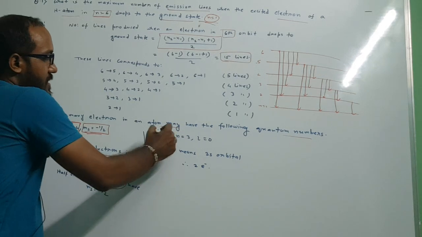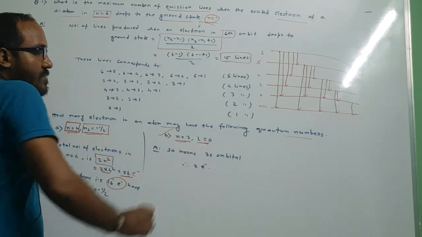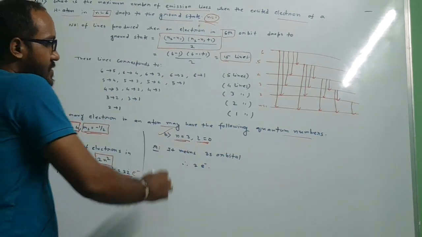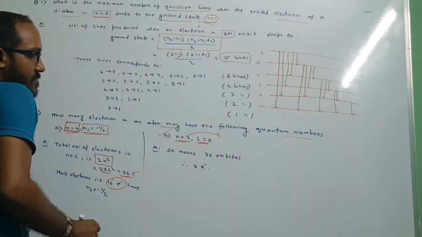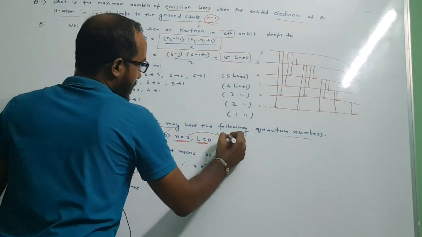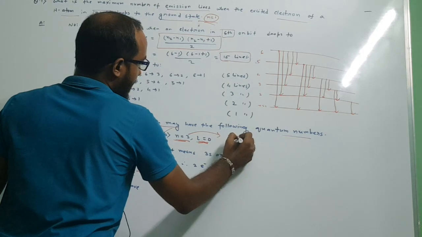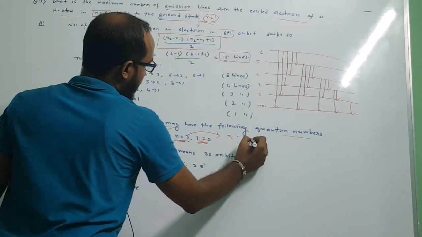Okay. Next is n equals 3 and l equals 0. This is very easy. We already know that if n equals 3, then l can have values from 0 to n minus 1.